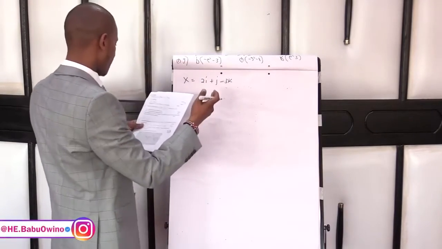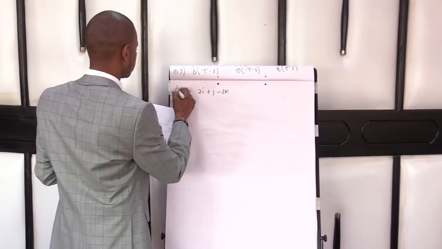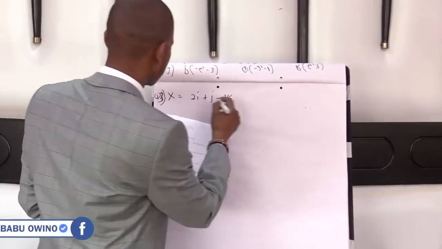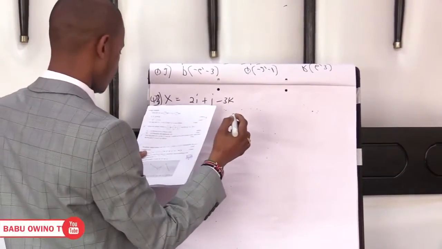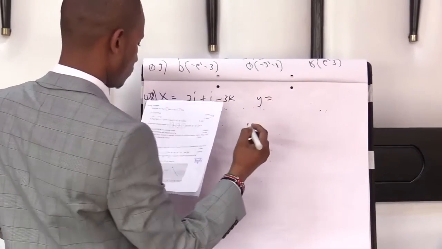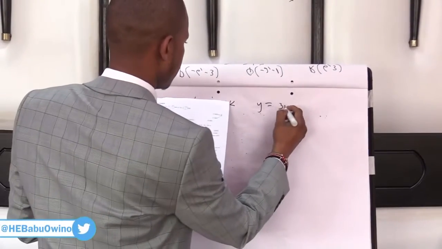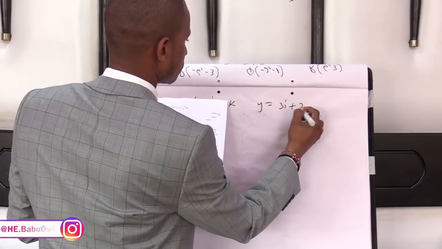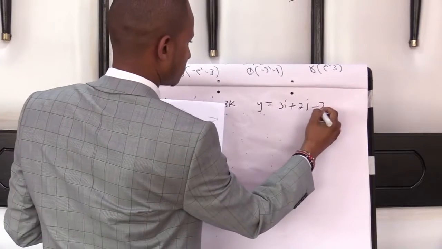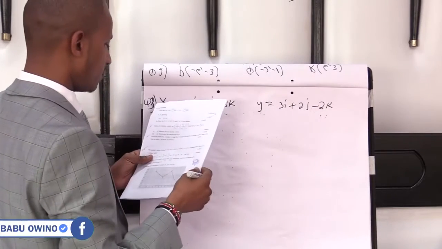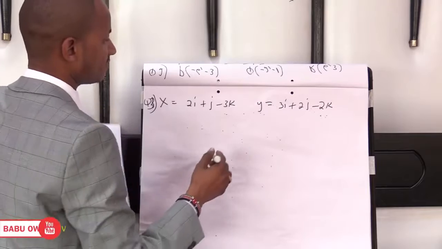So you are given, this is question 3, x equals 2i plus j minus 3k, and y equals 3i plus 2j minus 2k. Then you are told, find xy as a column vector.